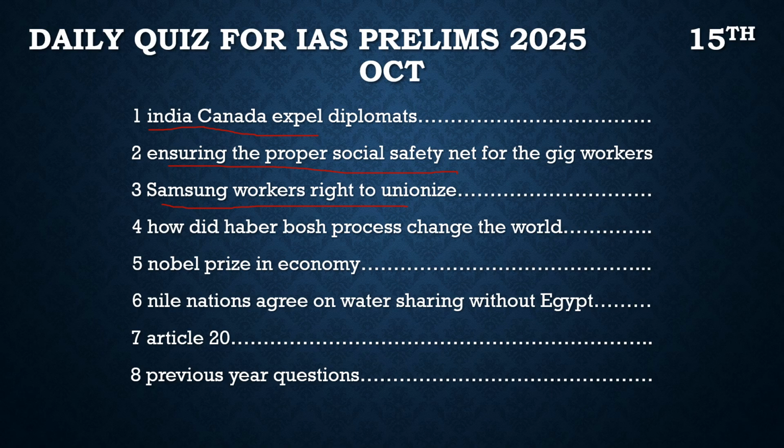For that they had been striking there, and unfortunately the state was also involved in these strikes by the laborers. They used force against these laborers, and many of them got badly injured.